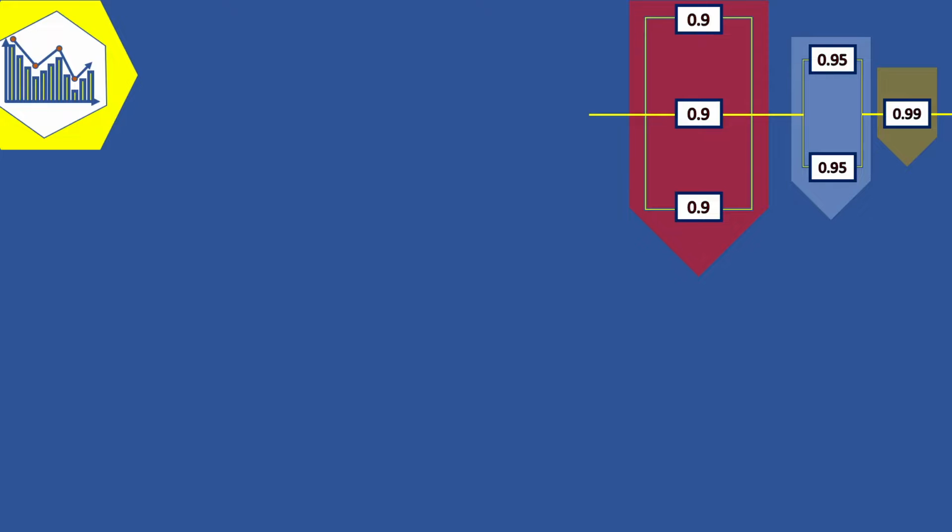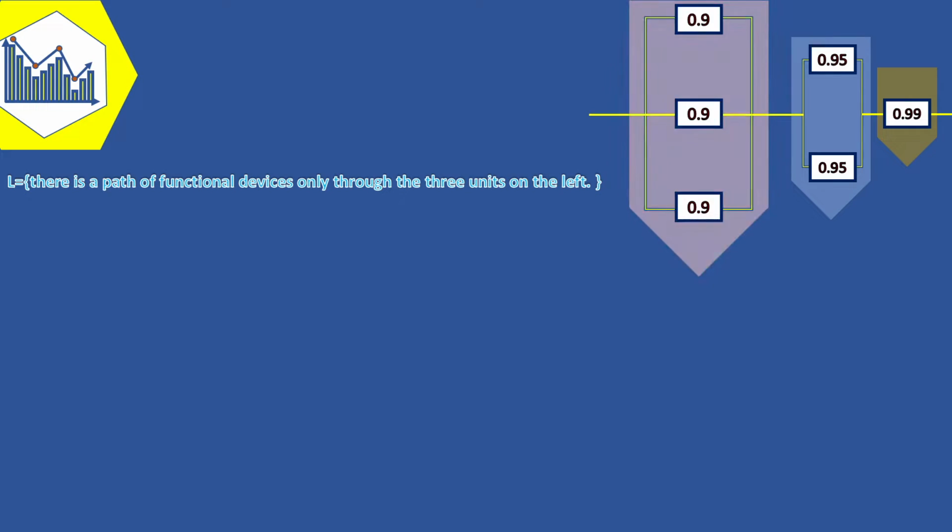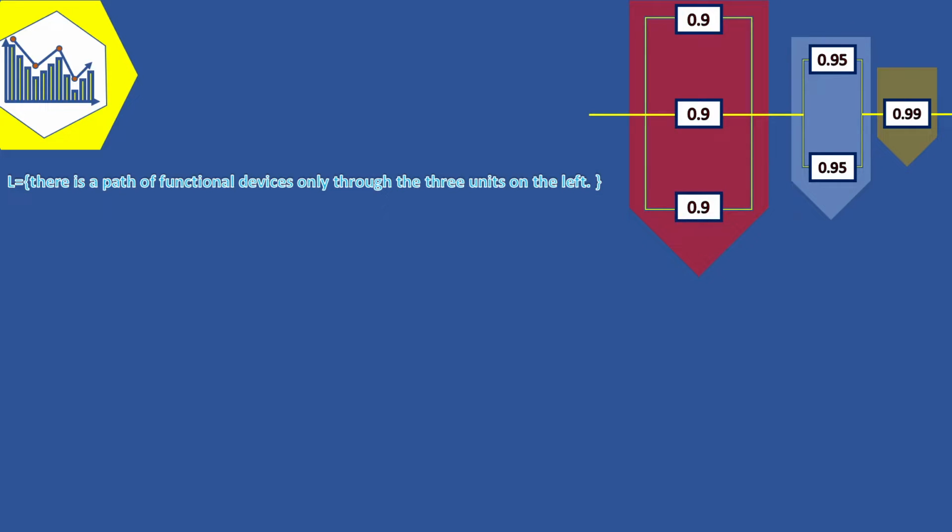Let L denote the event that there is a path of functional devices only through the 3 items on the left. From the independence and based on the previous example, the probability of L equals 1 minus 0.1 cubed.